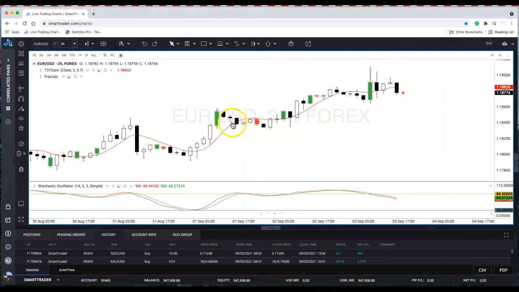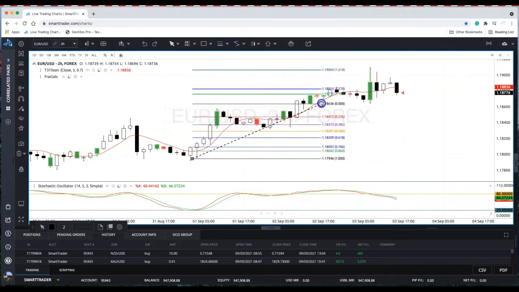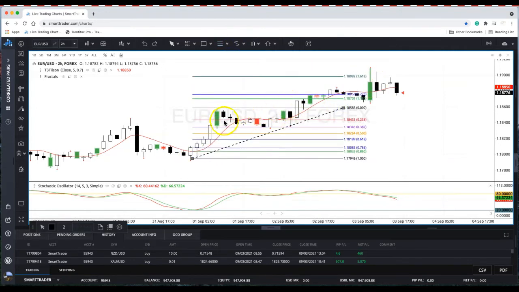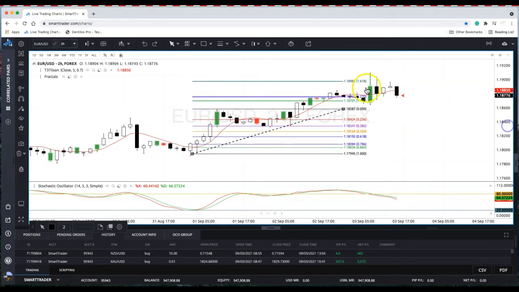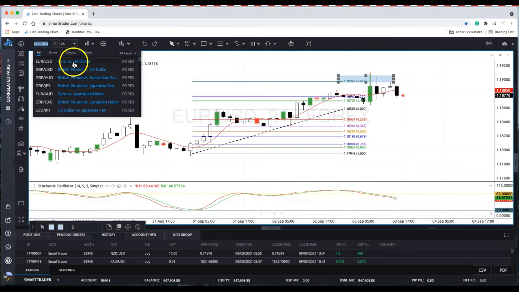But using a Fibonacci tool will give you a point of reference, and you would know where to exit the trade, and you would know to reverse positions for a scalping opportunity at an extension.